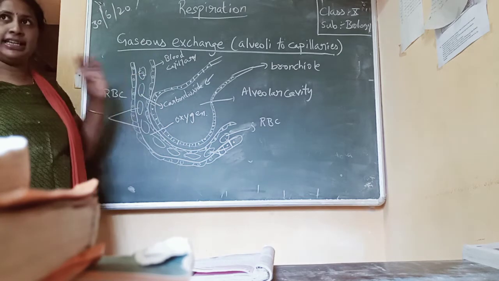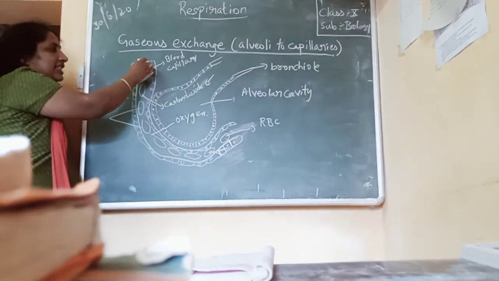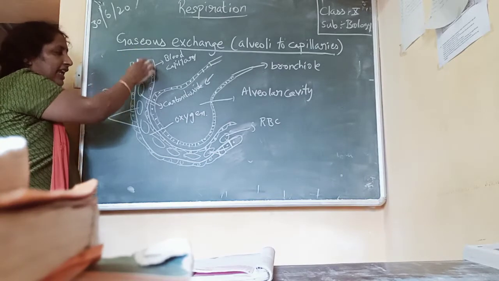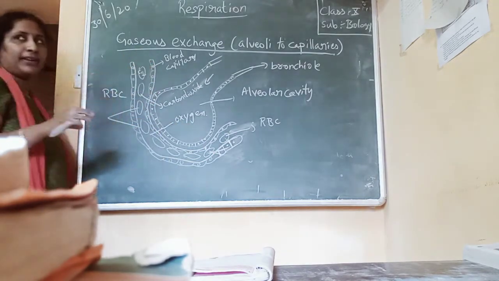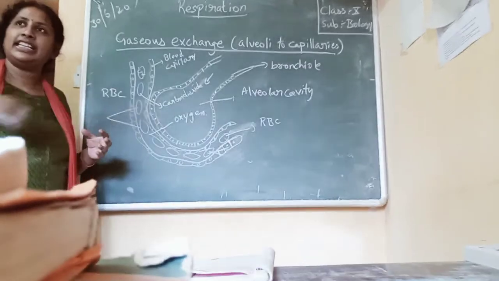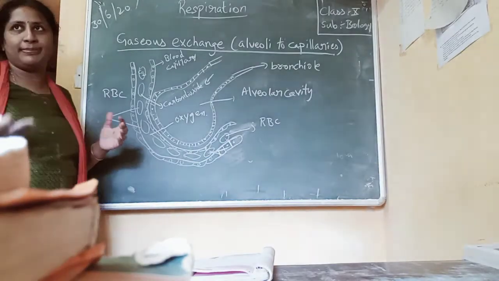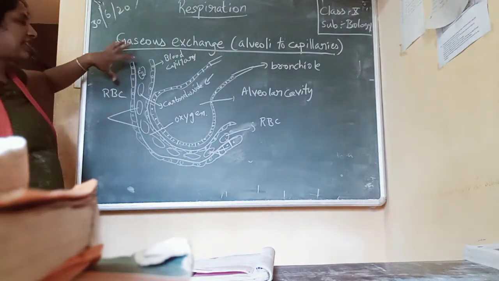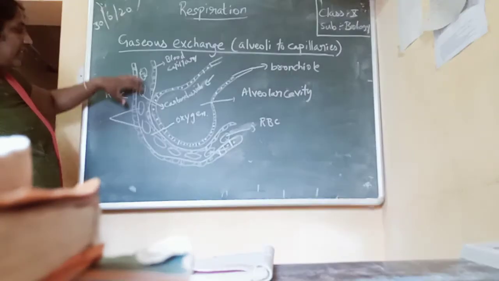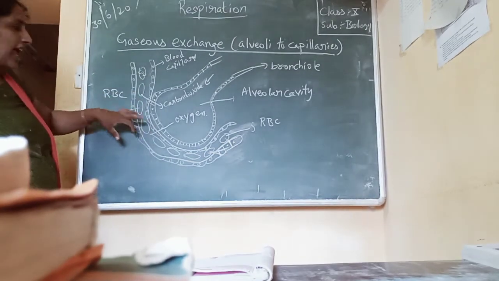Imagine the blood capillaries surrounding the alveoli. Inside the blood capillaries, the blood is flowing. The blood consists of RBC cells. These RBC cells are coming with carbon dioxide, and they will come to the alveoli.